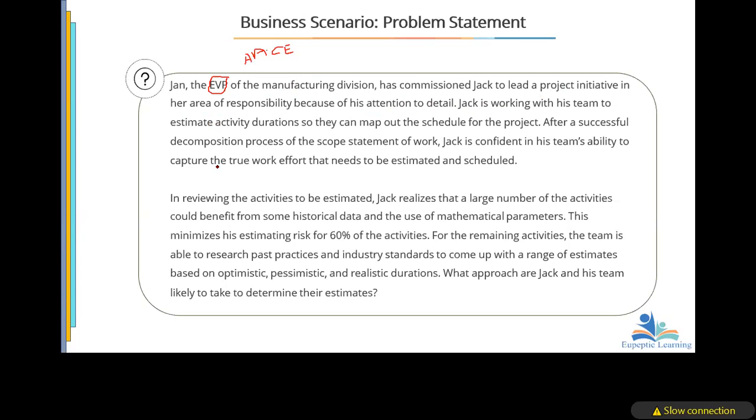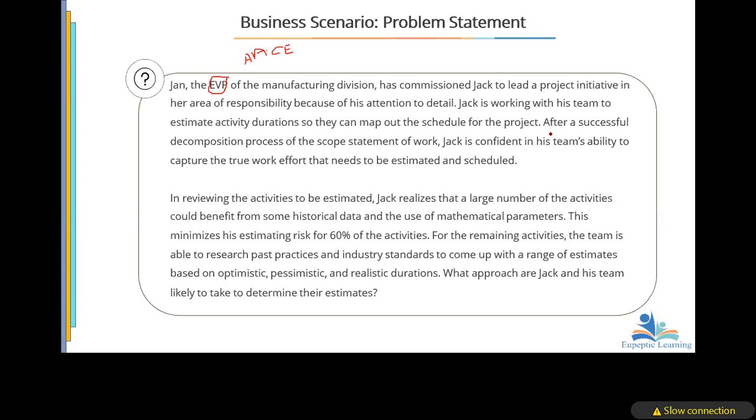Jack is working with his team to estimate activity duration so they can map out the schedule for the project. After a successful decomposition process of the scope statement of work, Jack is confident in the team's ability to capture the true work effort that needs to be estimated and scheduled.